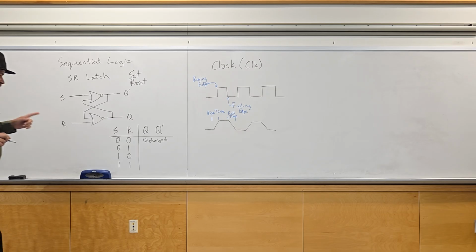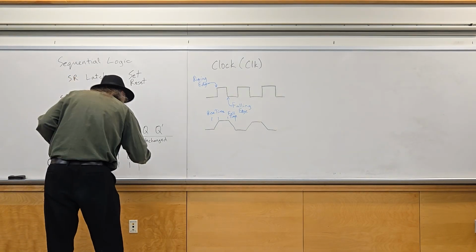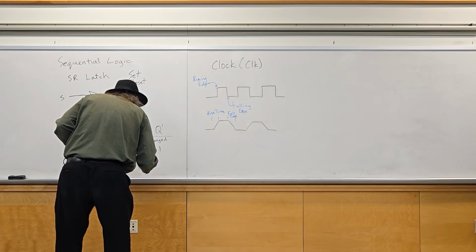If R is set and S is not, then Q is 0, Q prime is 1.